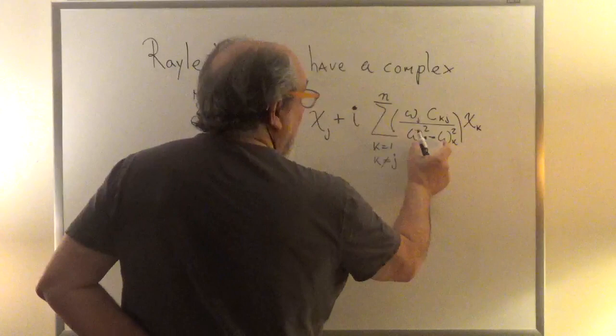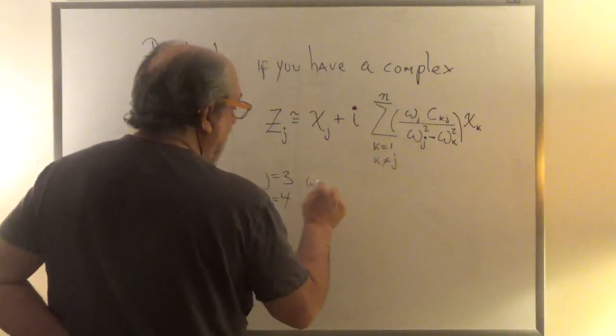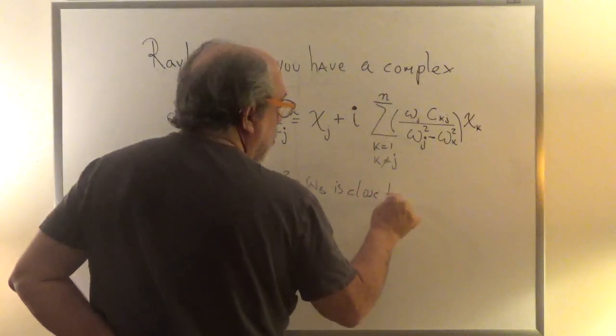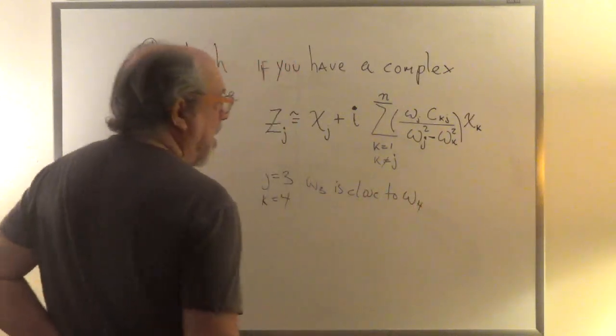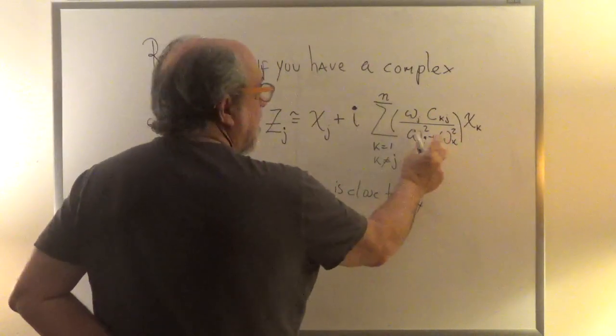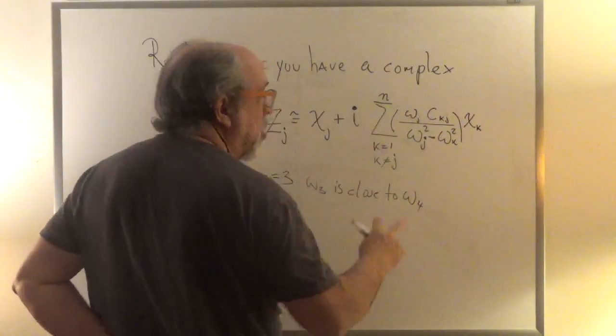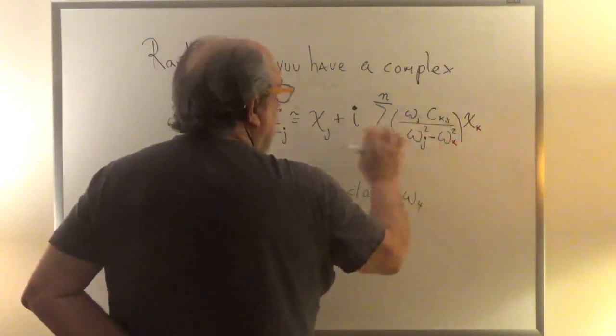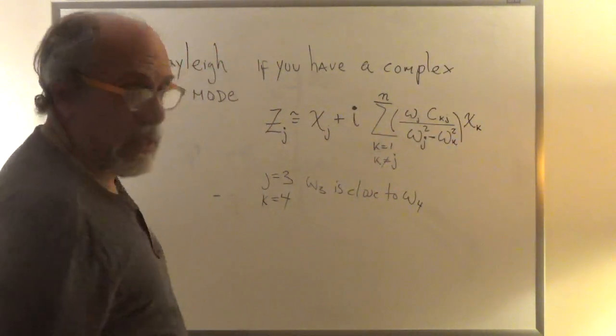If omega 3 is close to omega 4, then this difference is small, and if this difference is small, this coefficient can be large, and a large coefficient here means that the imaginary part of the mode can be significant.